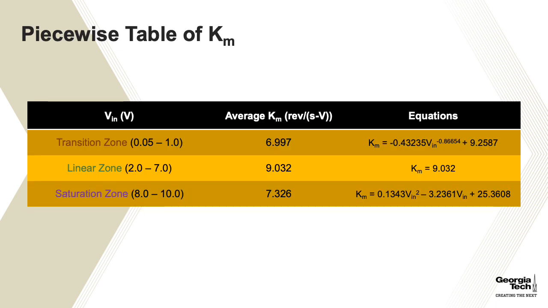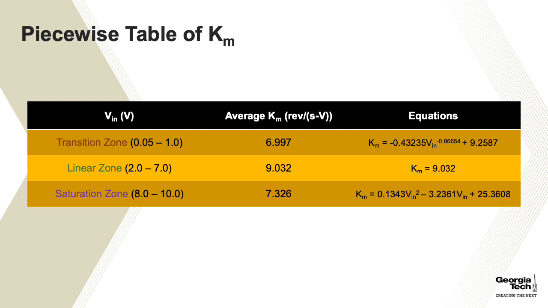This piecewise table shows the motor constant versus input voltage averages and equations from the previous slides. The transition zone, which is 0.05 to 1 volts, had an average motor constant of 6.997 revolutions per volt-second and had the following equation.